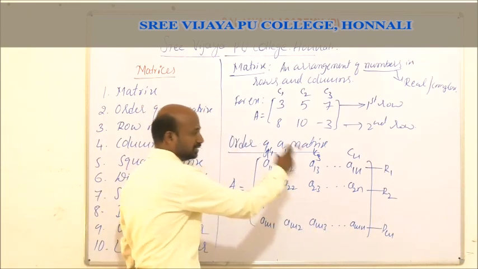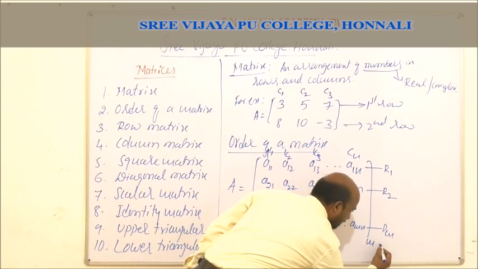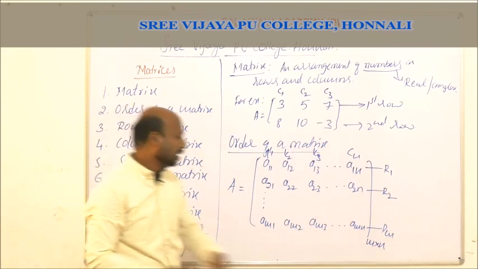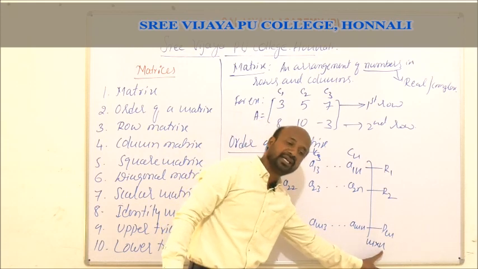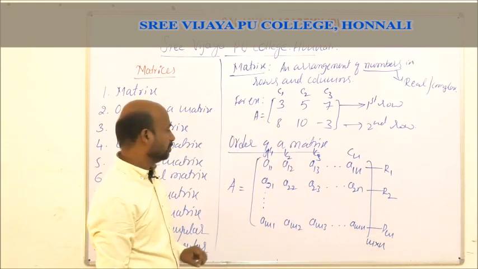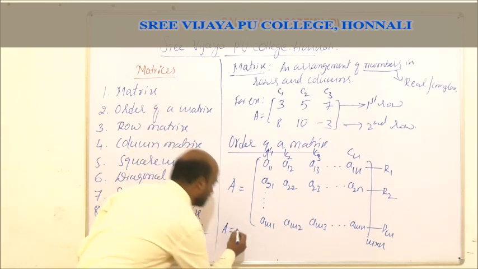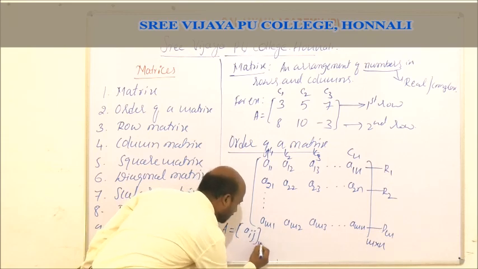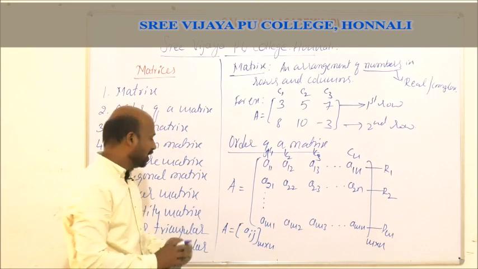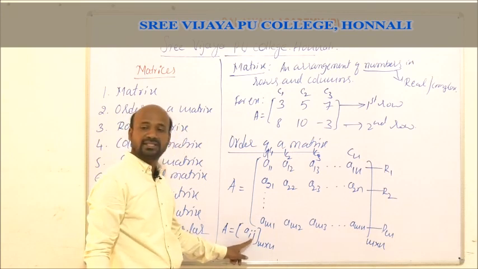This matrix has m number of rows and n number of columns, denoted by m by n. M indicates the number of rows and n indicates the number of columns. This is simply represented as Aij, where i indicates the row and j indicates the column.